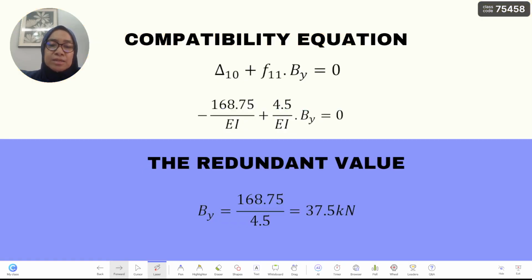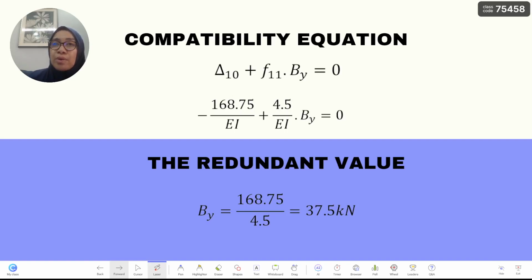So these two displacements, we need to substitute into the compatibility equation. Okay, remember, the first step we choose the redundant, right? And after that, we write the compatibility equation, the standard form: delta 1 naught plus F11 dot By is equal to 0.